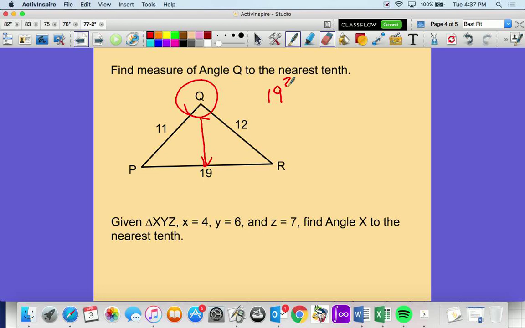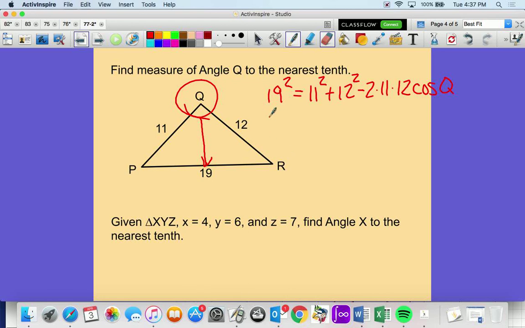So we've got 19 squared equals 11 squared plus 12 squared minus 2 times 11 times 12 times cosine of Q. Okay, now from here we need to do order of operations.